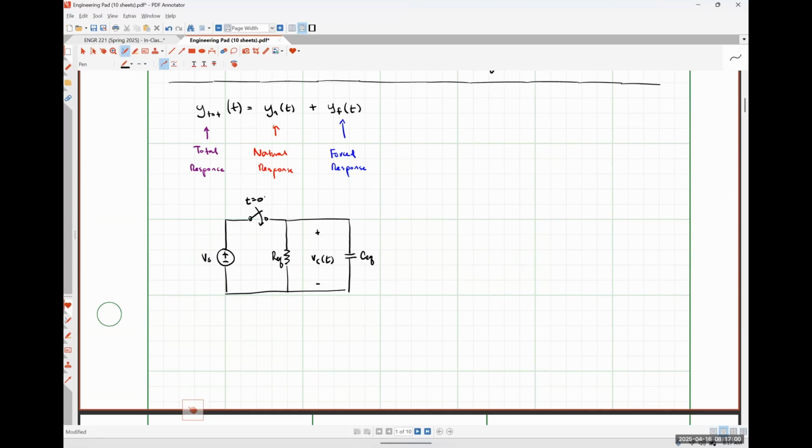So our forced response is nothing more than effectively the effect of our forcing function. In this case, it's just that voltage source Vs on the capacitor voltage that we're interested in, okay? So essentially, the presence of that voltage source Vs is going to force the voltage drop across the capacitor to approach Vs as time increases.